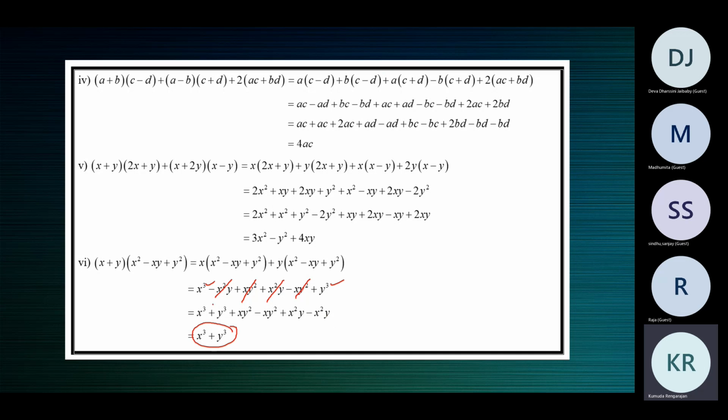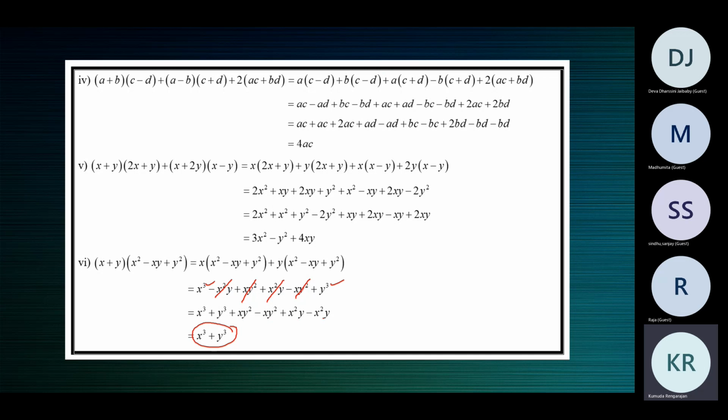What I've done here is I've just arranged the terms. X cubed plus y cubed I've written here, and then I've arranged xy square minus xy square, and minus x square y and plus x square y. Plus x square y minus x square y, they get cancelled.